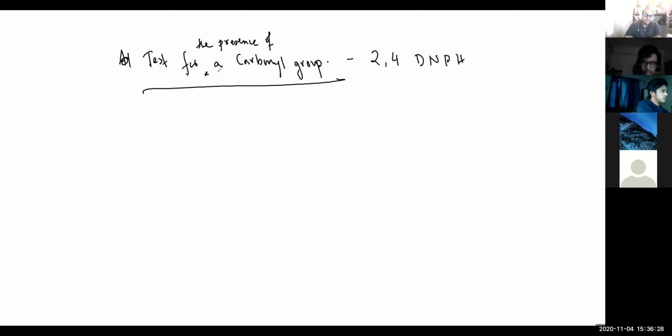So if there is a carbonyl group present, the color changes from colorless to an orange precipitate. The full form is 2,4-dinitrophenyl hydrazine.